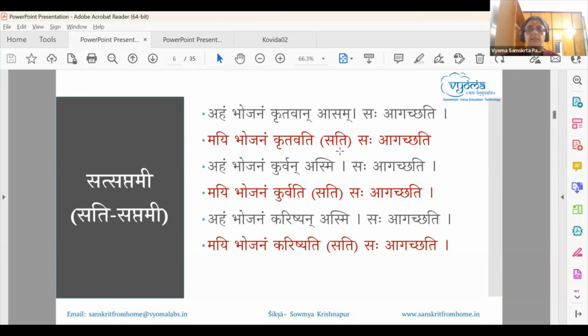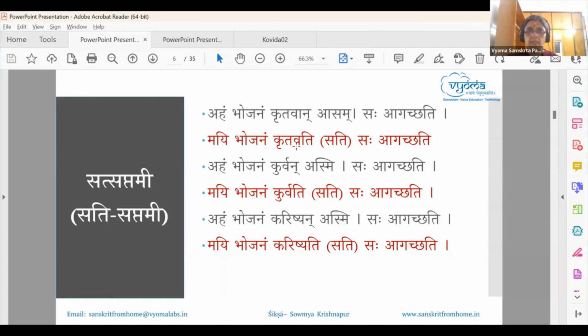This Sati: we know that the Shatru Pratyaya added to the As Dhatu is Sat. In Saptami Vibhakti, it will be Sati. San, Santo, Santaha, Santam, Santo, Sataha. And in Saptami, it will be Sati. Saha Agachati. So, how do you use the Sati Saptami?